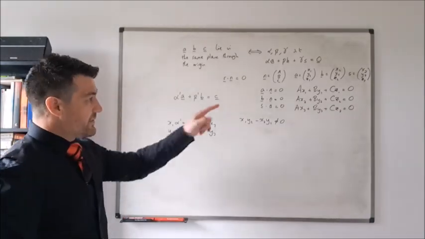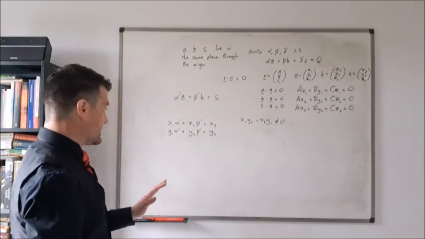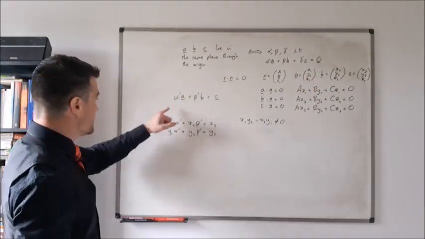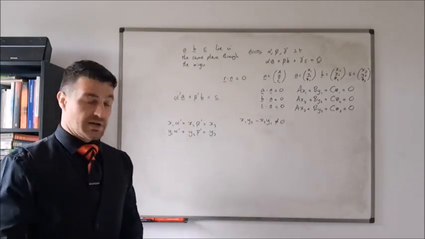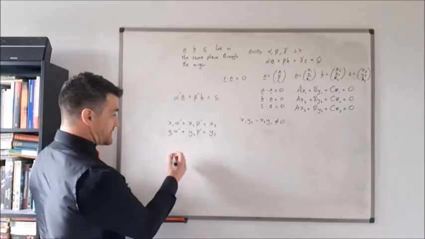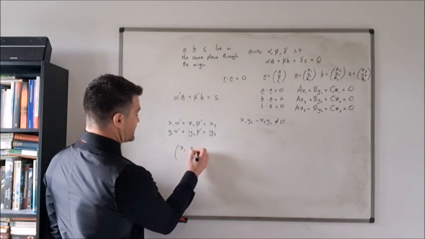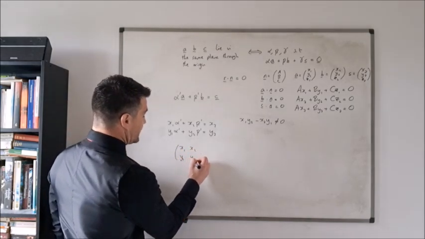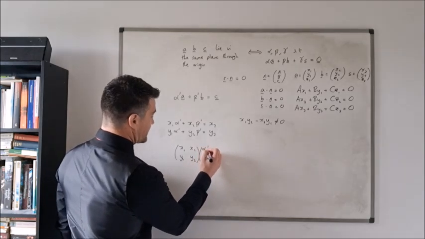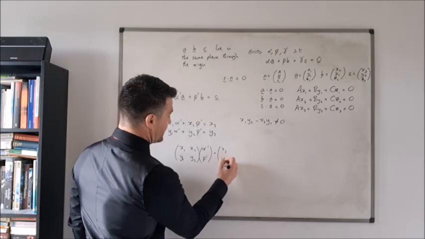Remember that the x's, the y's, and the z's are the constants here. They're not the unknowns. The unknowns are alpha primed and beta primed. So I could write this as a matrix problem: the matrix with rows x1, x2 and y1, y2, times alpha primed, beta primed, is equal to x3, y3.